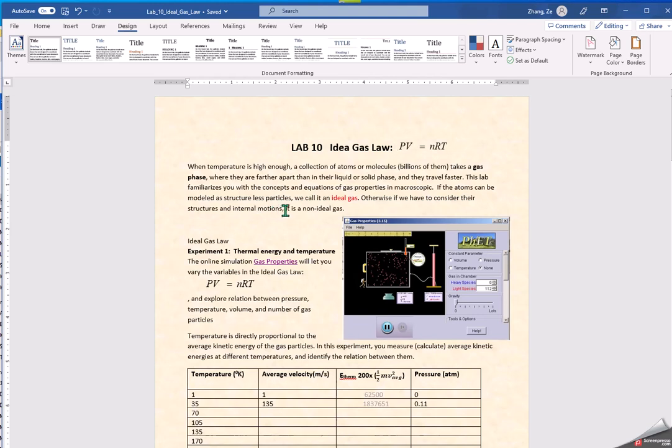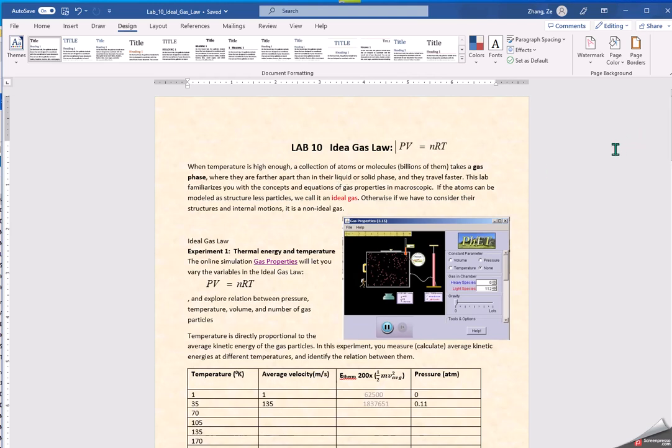In this class, we probably don't explore the non-ideal gas, but we will explore the ideal gas. Many gases like inert gas, helium gas, and hydrogen gas, at relatively high temperature, are very close to ideal gas. When they are farther apart, they can be considered small particles without any internal structure. So that's the ideal gas equation.